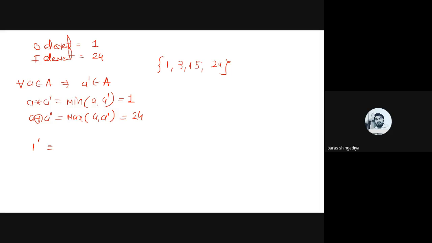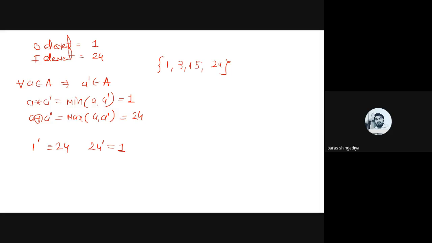Only one choice, 24, is there, because the minimum of 1 and 24 is 1, that is equal to the 0 element, and the maximum of 1 and 24 is 24, that is equal to the I element. Clear? So that is the answer for 1 dash, and similarly 24 dash is equal to 1. Clear? 24 dash is equal to 1.